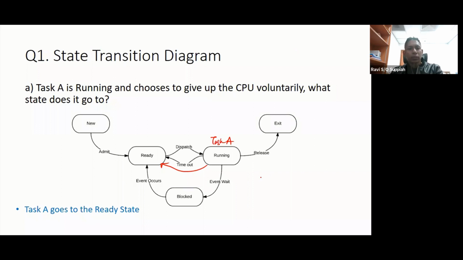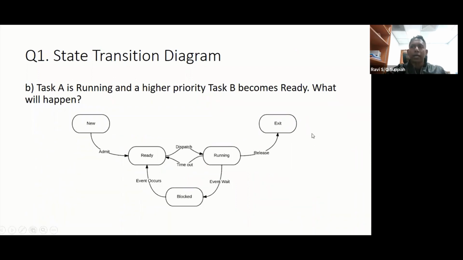Now let's look at the next one. Task A is running and a higher priority task B becomes ready. So right now I have task A running, and task B, which is higher priority, becomes ready. The only other way to transition from running to ready is usually 2 ways.